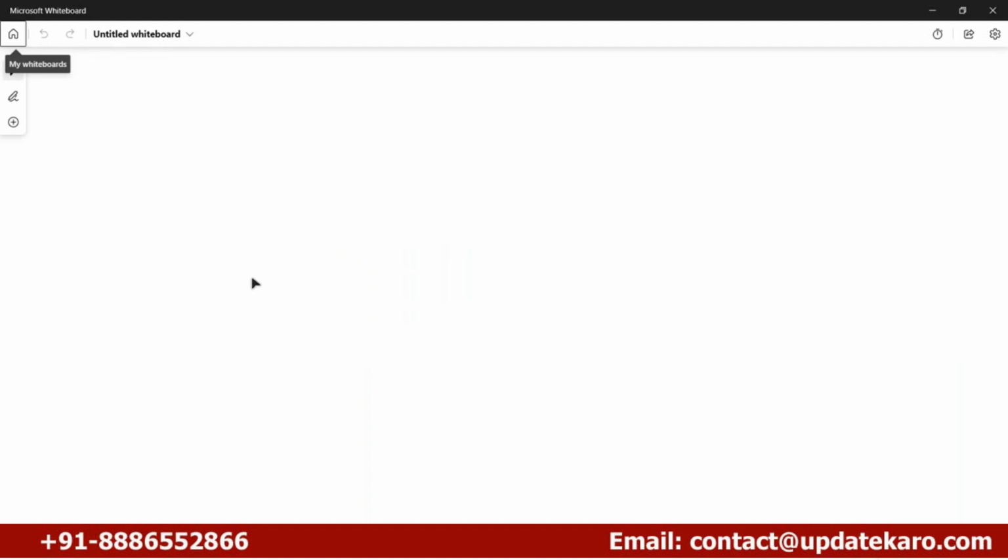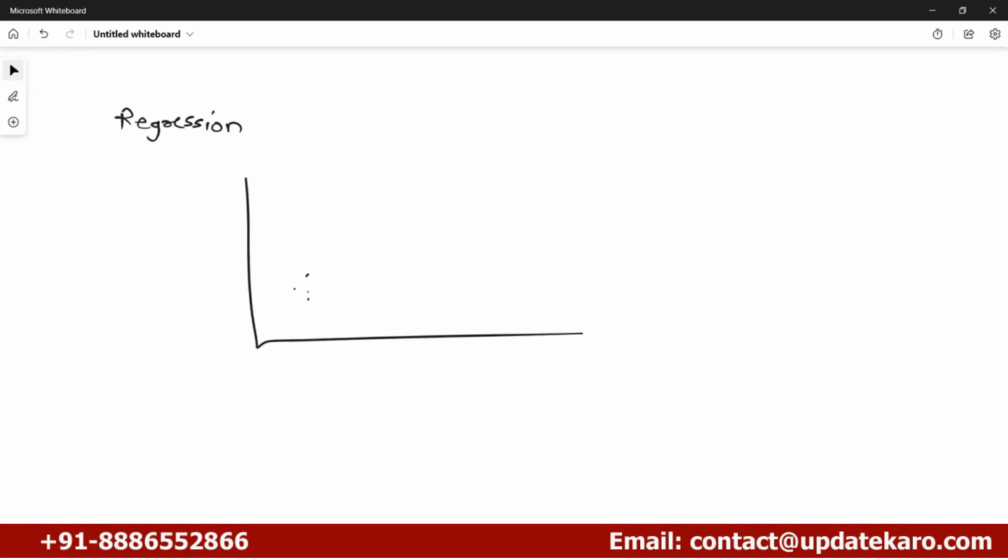Now guys, if you are talking about a regression problem, the data set looks like this, an upward trend data set that I am drawing. You may also get a data set with a downward trend or a non-linear pattern.